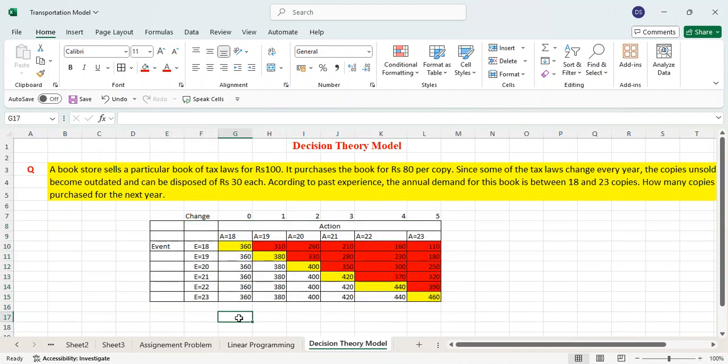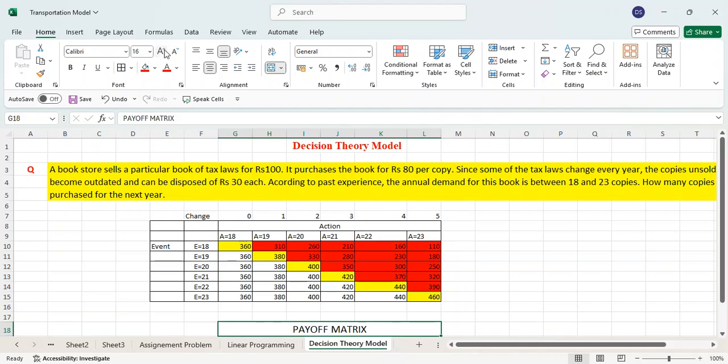So I just write here, this is called the payoff matrix. Okay. Till now, I think there will be no issue to understand the things. I just make it bold.